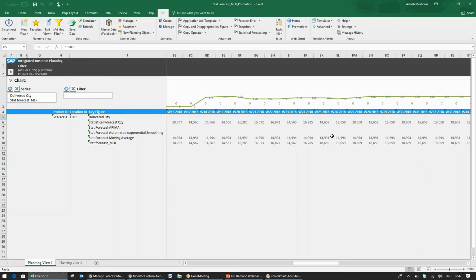It will take your independent variable, the price in this particular case, into consideration, and then it will give you your forecast number. As you can see, during this period we have a price discount, so the demand increases during this particular period. So this is how a marketing team can do demand shaping activities.